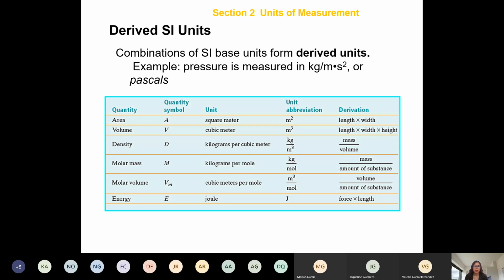When we measure pressure, it's usually measured in kilograms per meters times seconds squared. So if you notice there, you're combining kilograms, meters, and seconds. And those are three different base units. So anytime you combine different units together to form another unit, that is what we call a derived unit, okay?